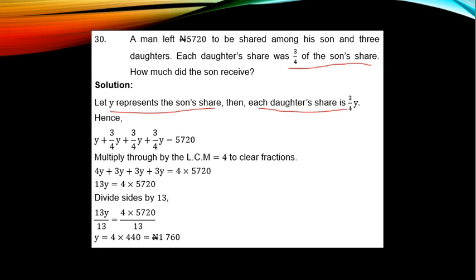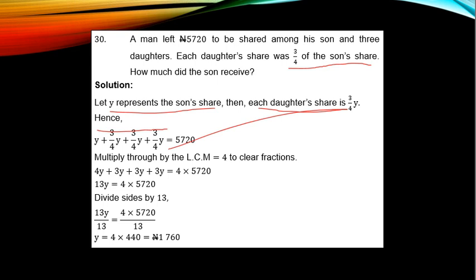So when you add the son's share and the 3 daughters', that is Y plus 3/4Y plus 3/4Y plus 3/4Y, it will be equal to 5,720.